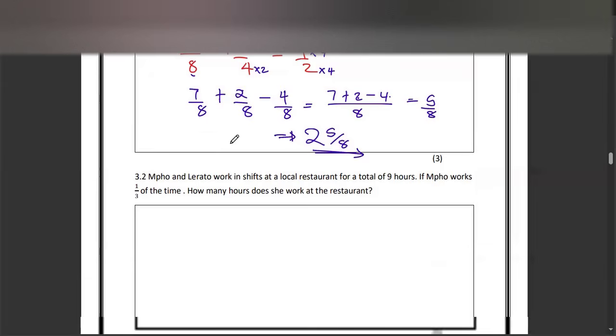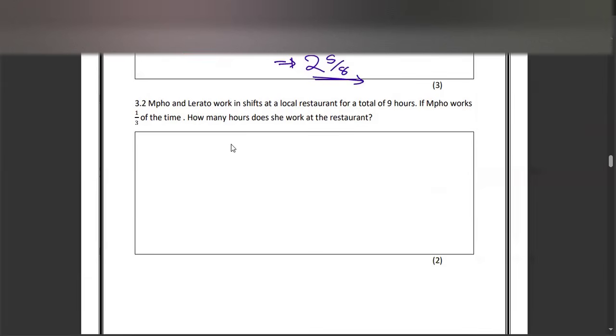All right, 3.2. Lerato works shifts at a local restaurant for a total of 9 hours. Paul works a third of the time. How many hours does she work at the restaurant? So this is the same as 1 over 3 of the time, which is 9 hours. And we know that the word "of" represents multiplication.